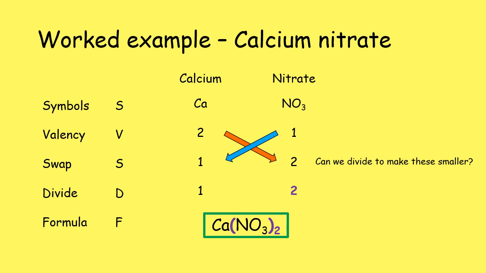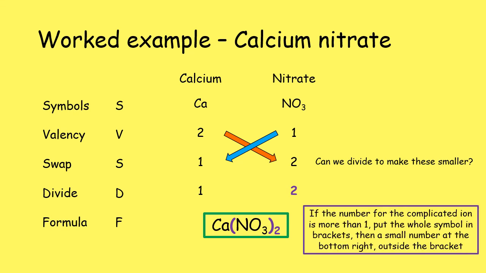If it's bigger than 1, we put brackets around the symbol and then we put the number. So we have NO3 in brackets and then a 2. So if the number for a complicated ion is more than 1, we put the whole symbol in brackets, then a small number at the bottom right outside the brackets.